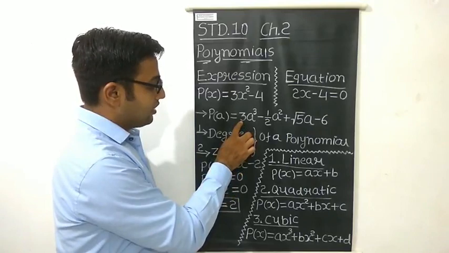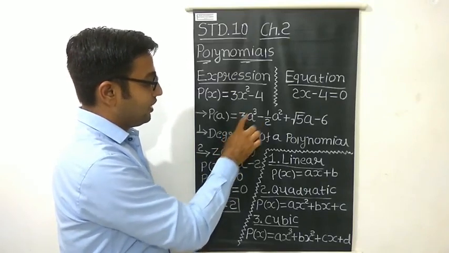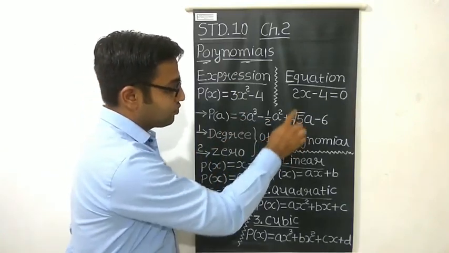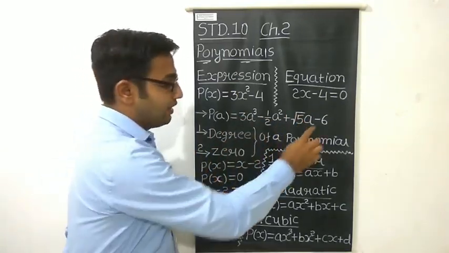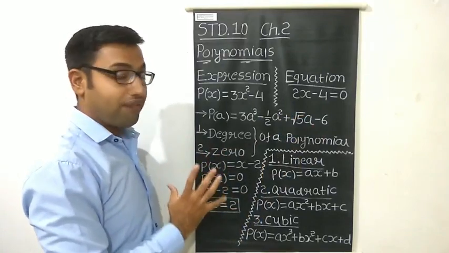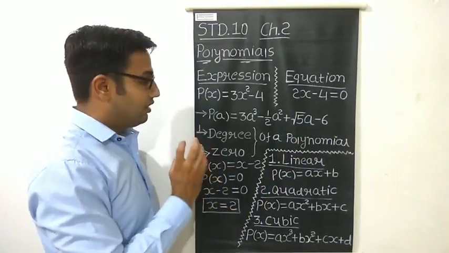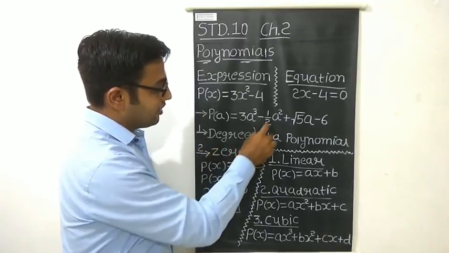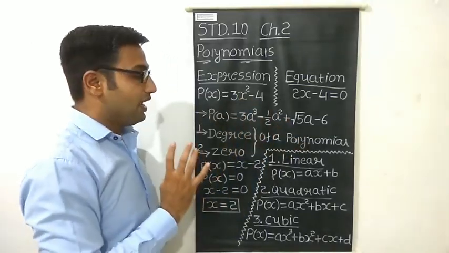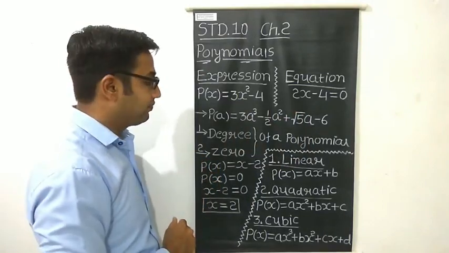And this 3 is the coefficient of a cube, minus 1 by 2 is the coefficient of a square, plus root 5 is the coefficient of a, and 6 is a constant. So we can see here that the coefficients of the variable are either rational or irrational numbers. Okay, it can be any real number.